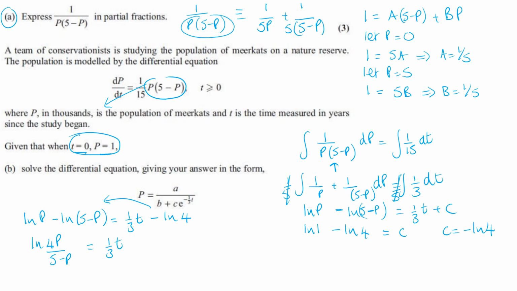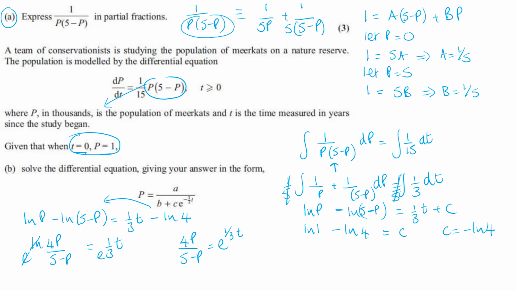So when I've got it as a single log, I can just take e's to both sides and they will cancel, and I will have that 4p over 5 minus p is going to equal e to the 1/3 t.